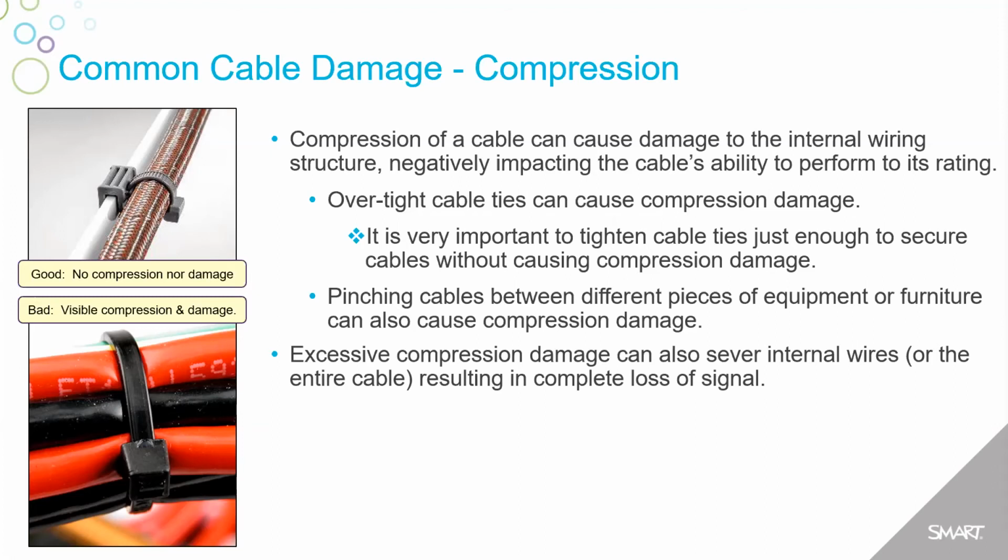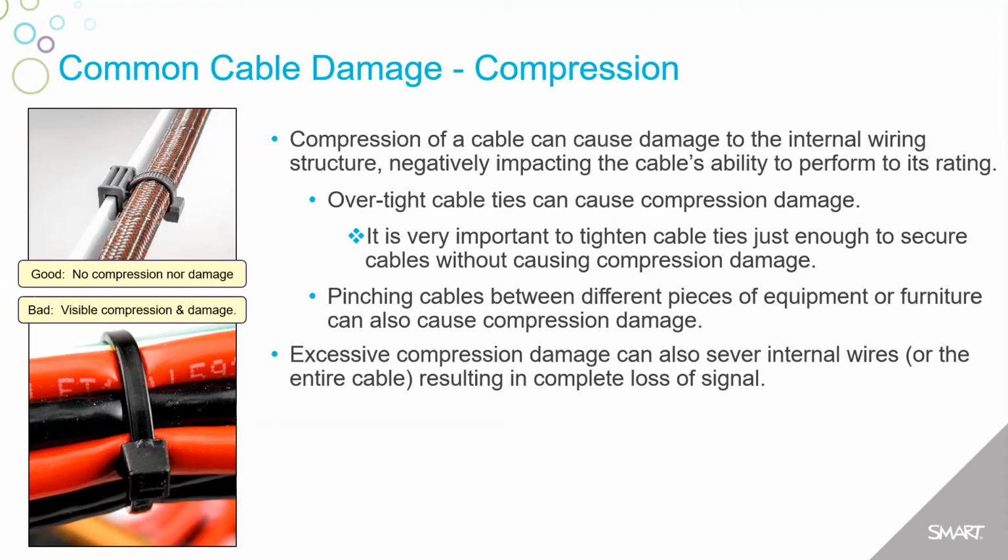On the left, you'll see photos of good and bad cable tie use, where the top photo shows no problem at all. It's holding a cable in place without issue. And the bottom shows a bundle of cables physically damaged because the cable tie was attached far too tightly.